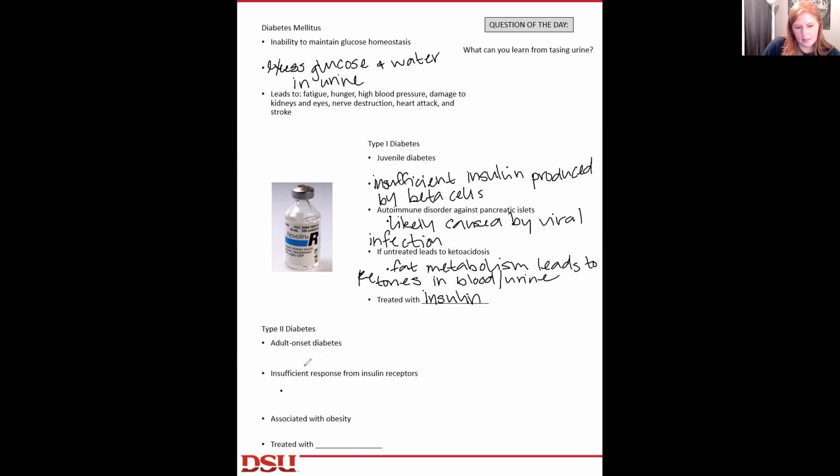And so this is also called insulin resistance. Insulin resistance is associated with obesity and also treated with insulin. It can have something to do with causing the body to want to hang on to converted glucose levels.